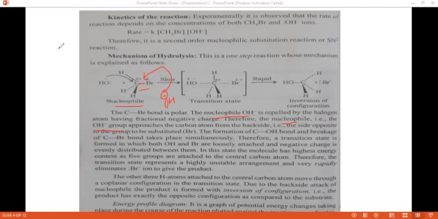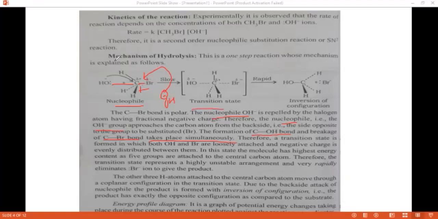Then the formation of the carbon hydroxide bond and the breaking of the carbon bromine bond take place simultaneously.